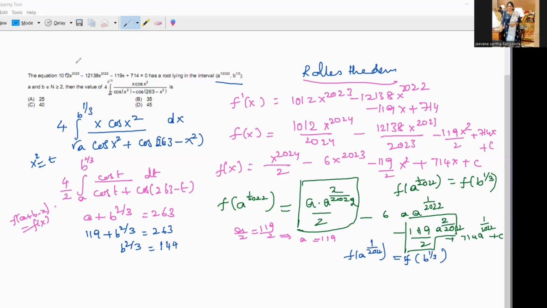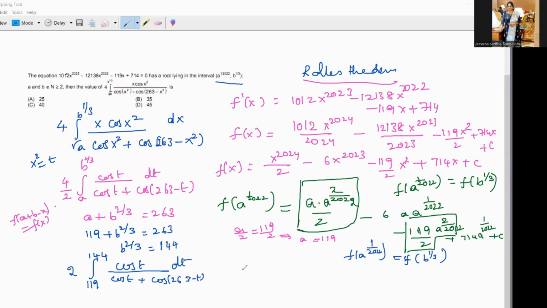In order to complete the integration, it would be 2 times 119 as the lower limit, and the upper limit is b raised to 2 by 3, which is 144, of cos t divided by cos t plus cos of 263 minus t, dt.